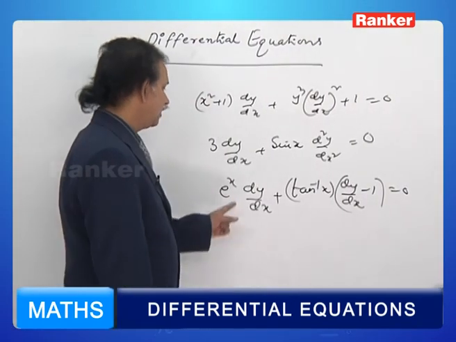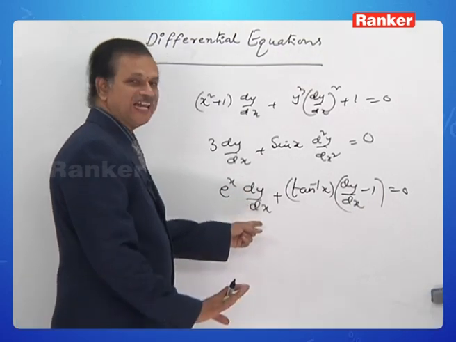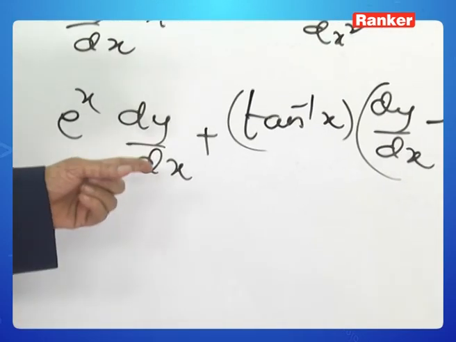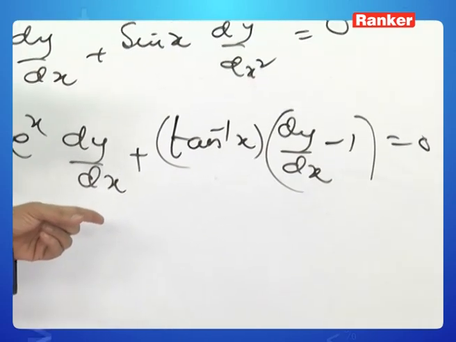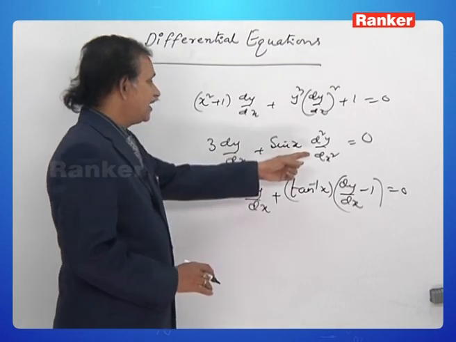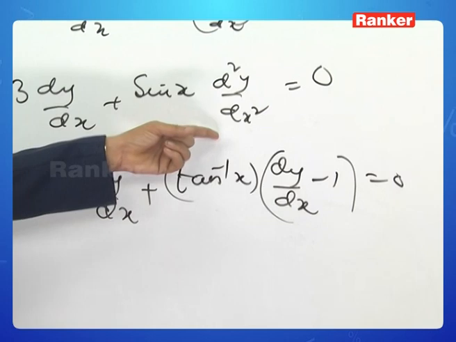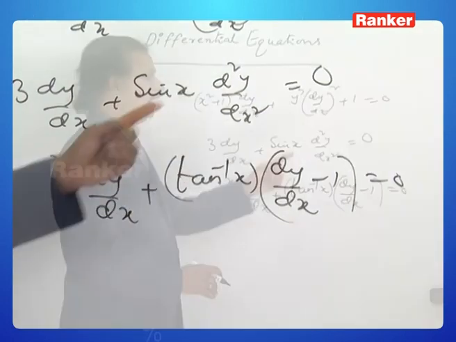Well, in this equation, dy by dx is only present. That is, the first ordered differential coefficient is only present. Here, second ordered derivative is also there. Second ordered differential coefficient is also there.